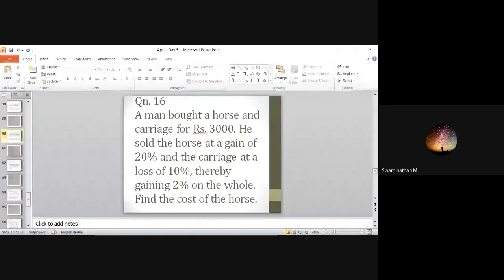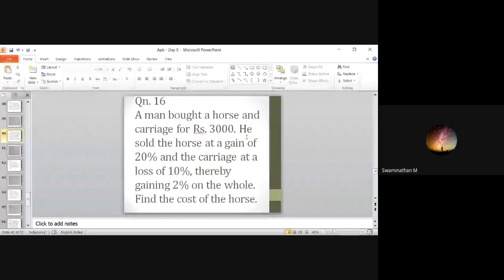So for the horse he is gaining 20%, and for the carriage he is losing 10%. Find the difference, and it will be equal to the 2% gain on the whole. So it will be an equation in x. Solve it, you will get x. I repeat, assume the cost price of the horse as x and of the carriage as 3000 minus x.